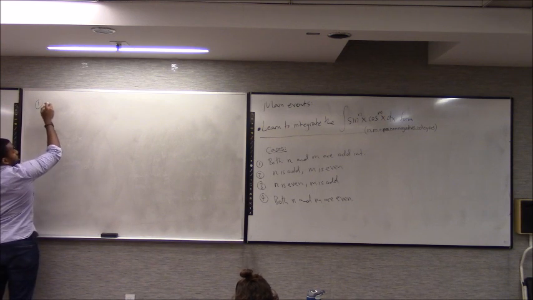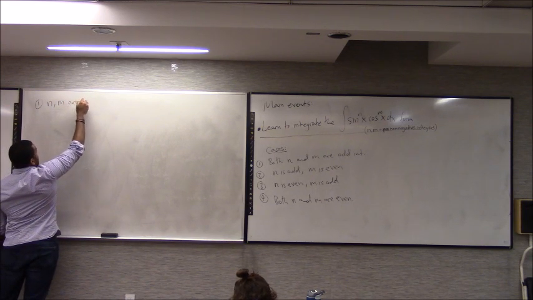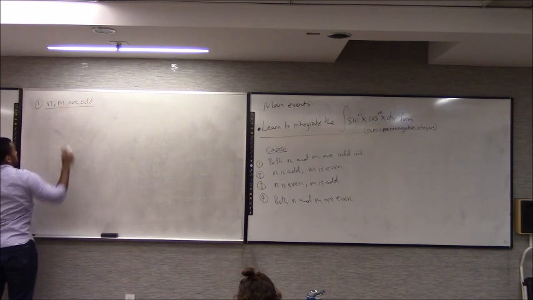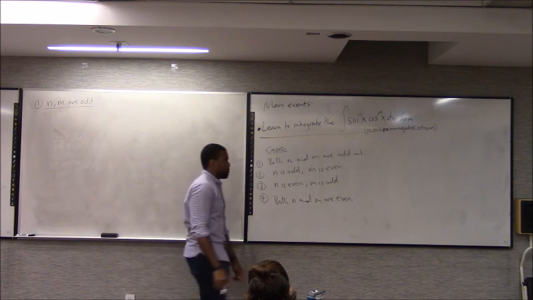Case 1. n and m are odd. Okay, so there's a general strategy for this case.